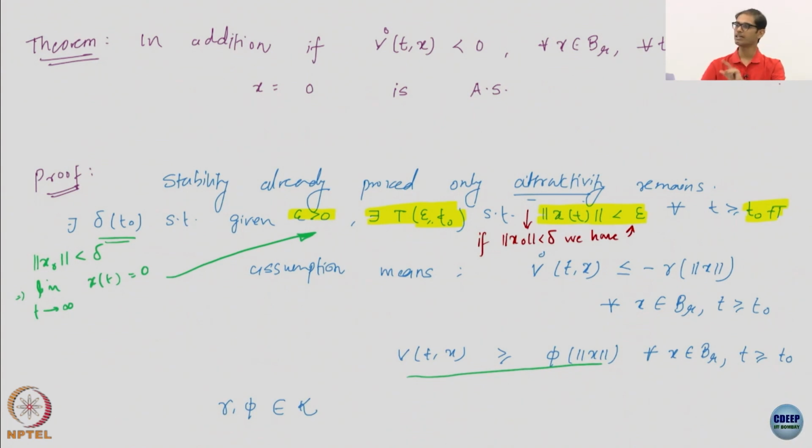First came epsilon, then came delta. It is not chicken and egg. There is clear certainty here. In this case, first came delta, and then I am saying given an epsilon, there exists a t. So the sequence is very important.